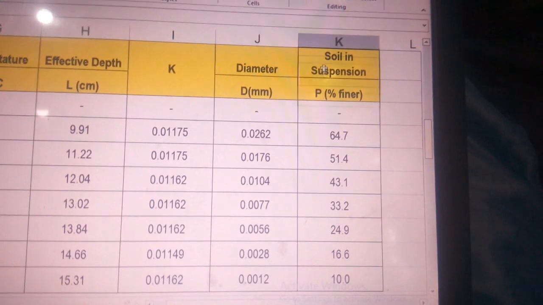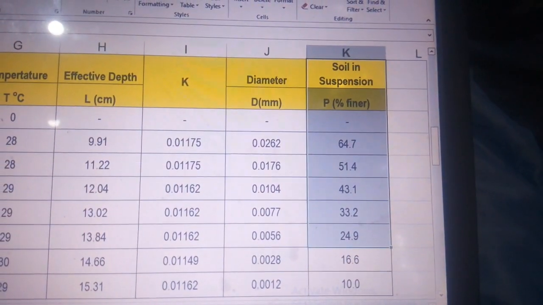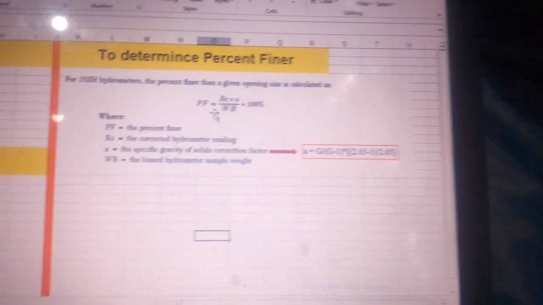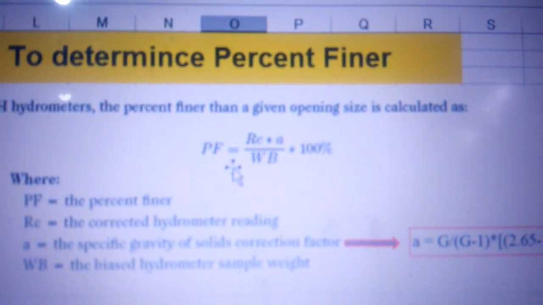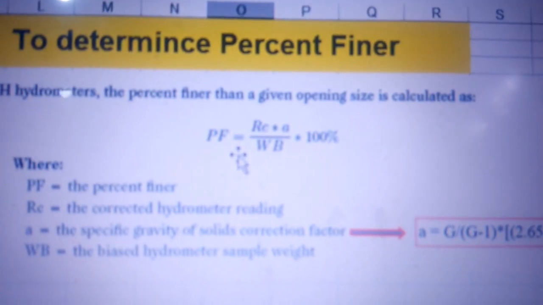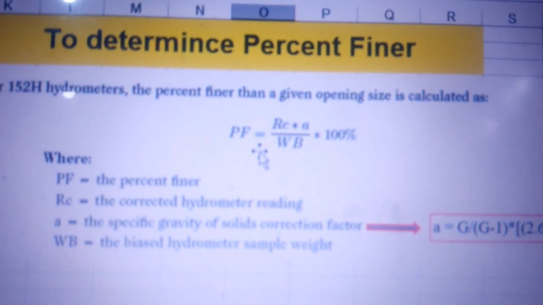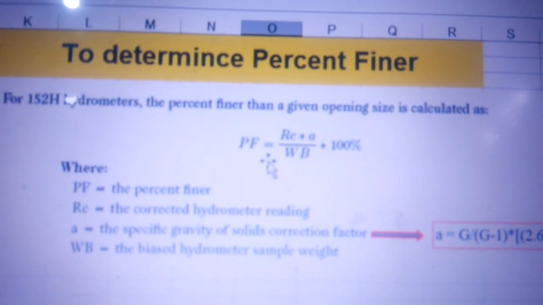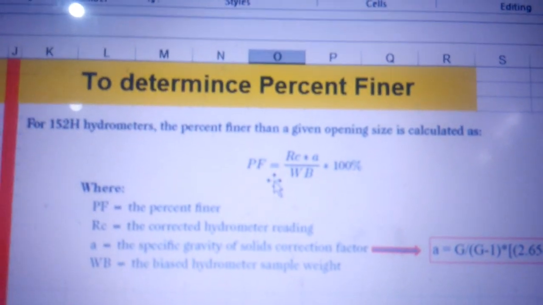Now for the percent finer, I can use this formula: P equal to Rc into A divided by Wb into 100, where Rc is the corrected hydrometer reading for temperature and meniscus. In my case, these corrections are negligible, so I will skip them.